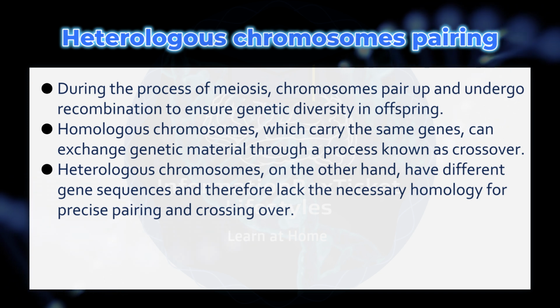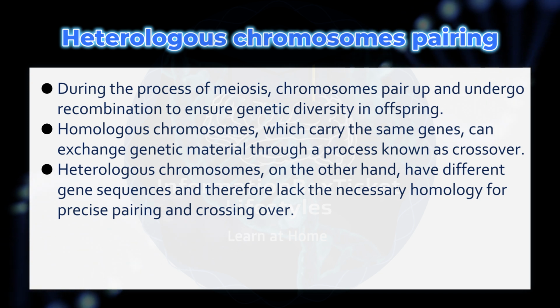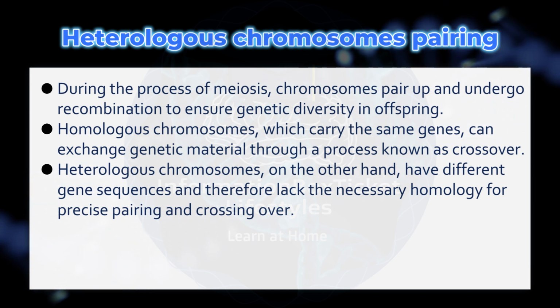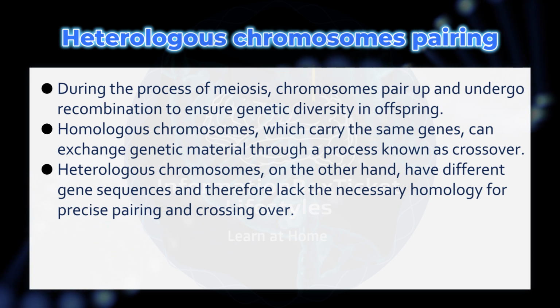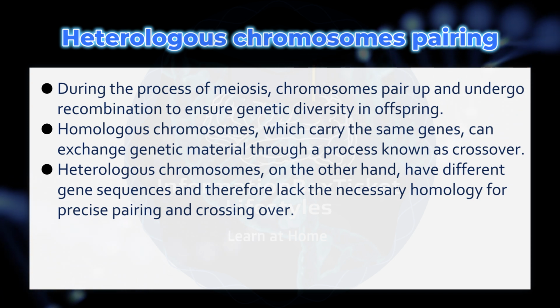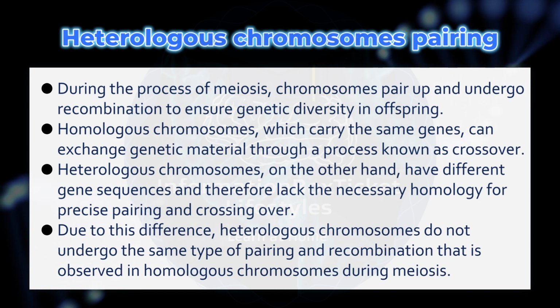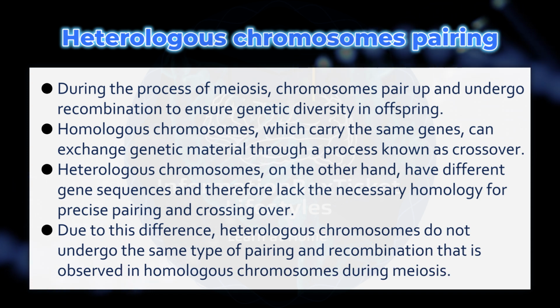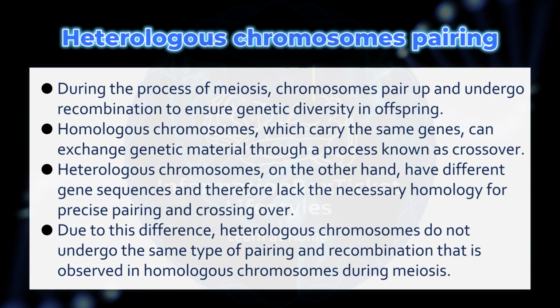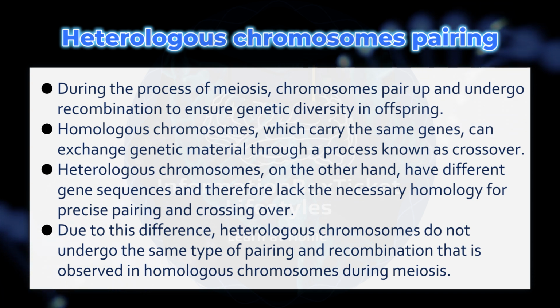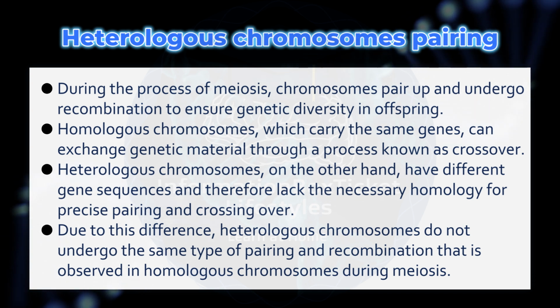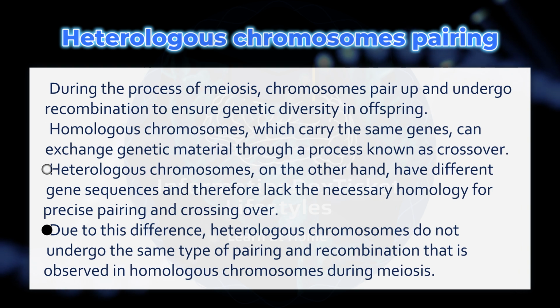Heterologous chromosomes, on the other hand, have different gene sequences and therefore lack the necessary homology for precise pairing and crossing over. Due to this difference, heterologous chromosomes do not undergo the same type of pairing and recombination that is observed in homologous chromosomes during meiosis.